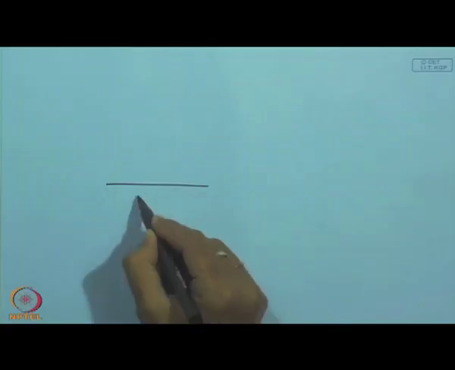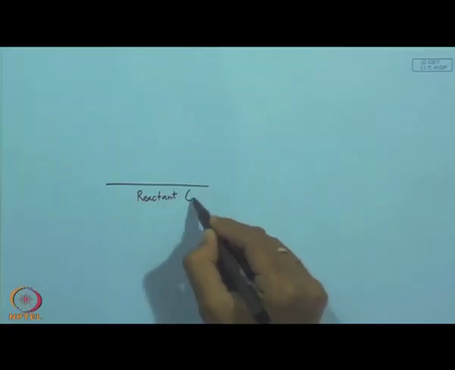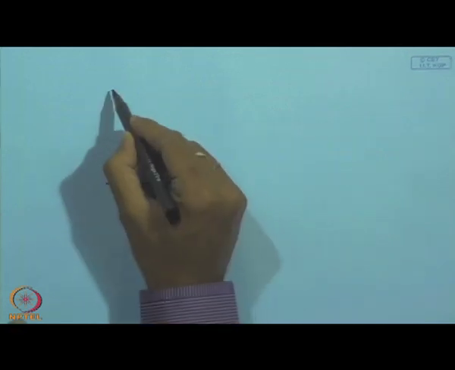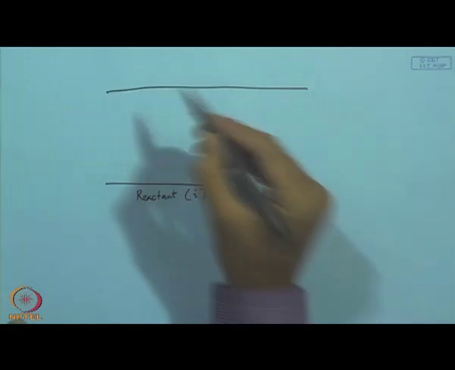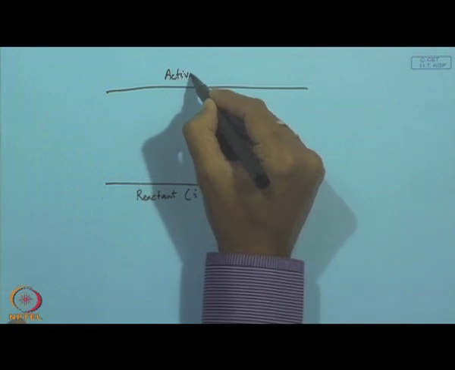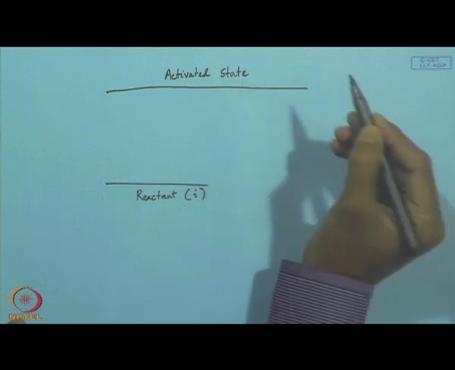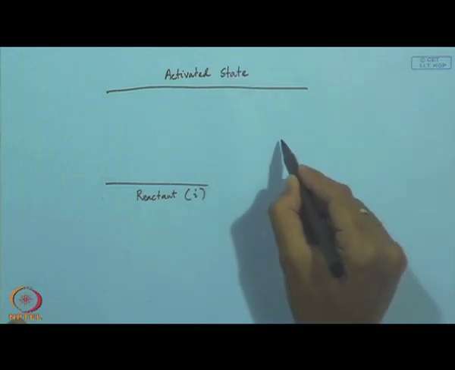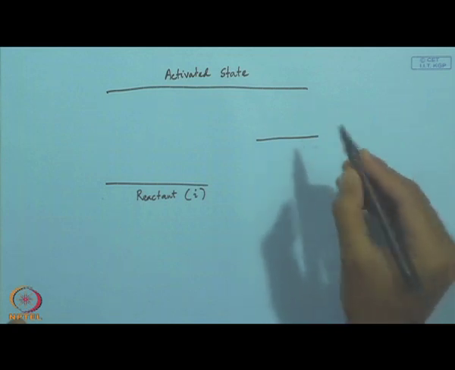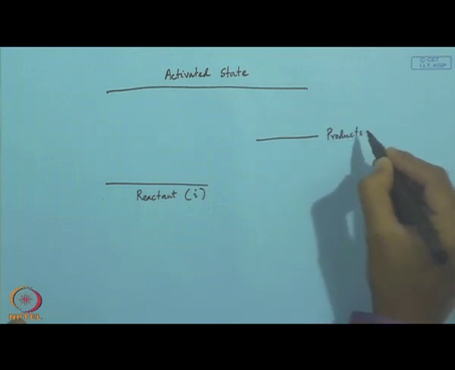So, this is your reactant or initial state, this is your activated state, and this is your product state, that is your final.